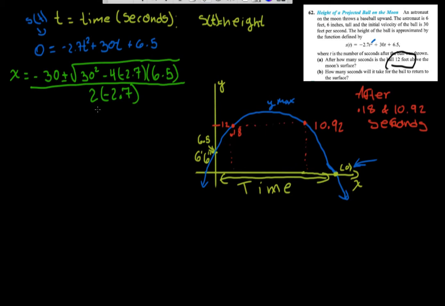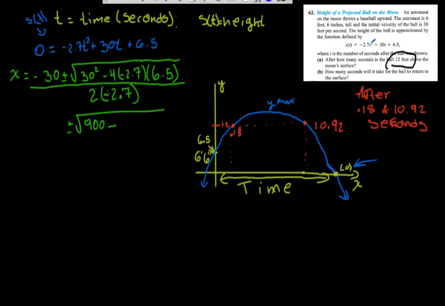So this is the formula that we're doing. Now I'm gonna do the inside first. Plus or minus square root of 30 squared, so 30 times 30 is 900.